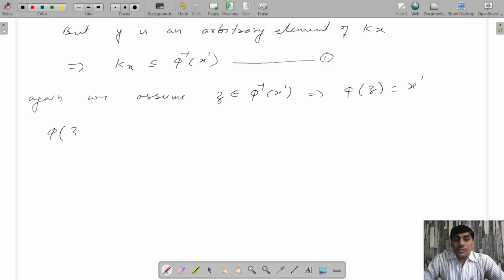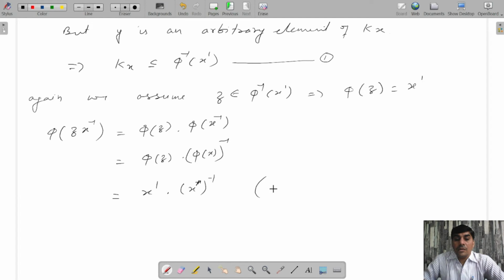Phi of z x inverse is equal to phi of z into phi of x inverse, which is equal to phi of z into phi of x, its whole inverse, is equal to x dash into x dash inverse, because phi of z is equal to x dash, which is equal to e dash.